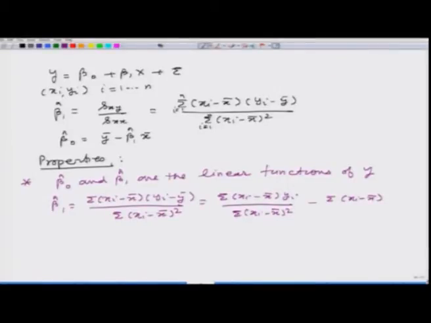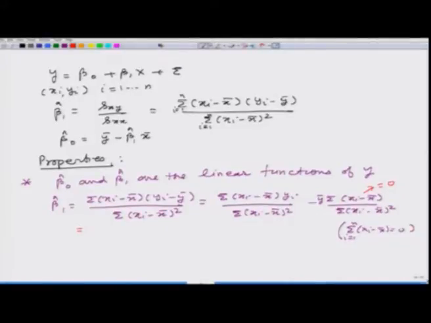Now y bar is independent of i, so I can take it out, and the denominator is summation xi minus x bar whole square. We know that summation xi minus x bar is always equal to 0, i goes from 1 to n. So, this term becomes 0.